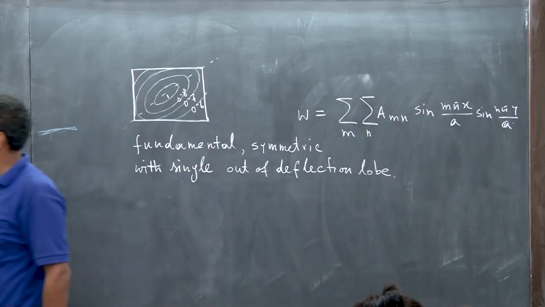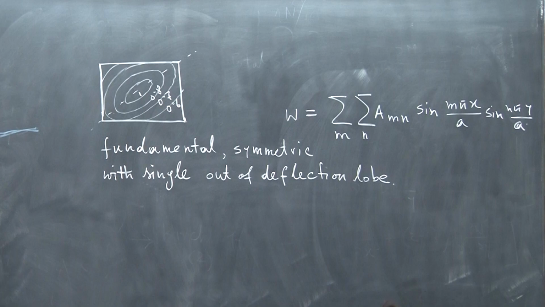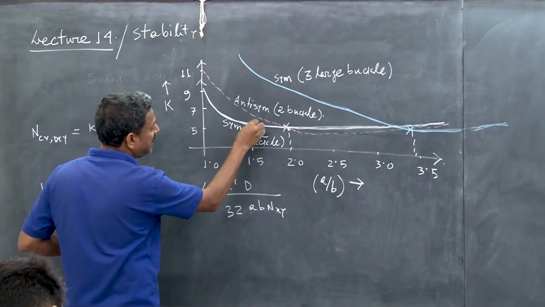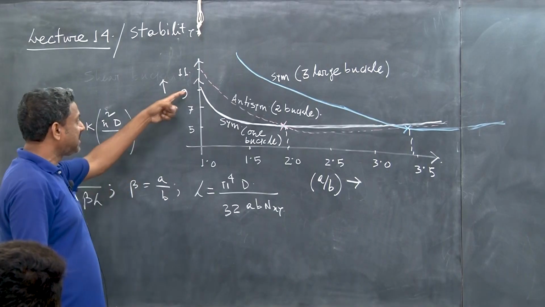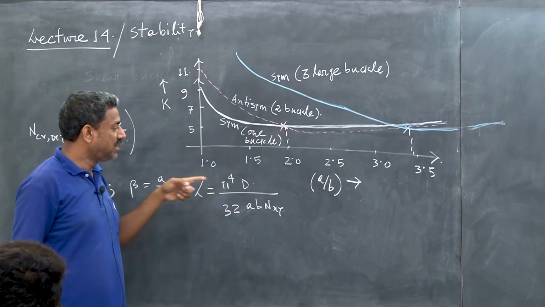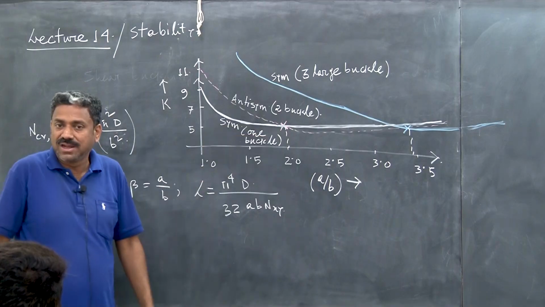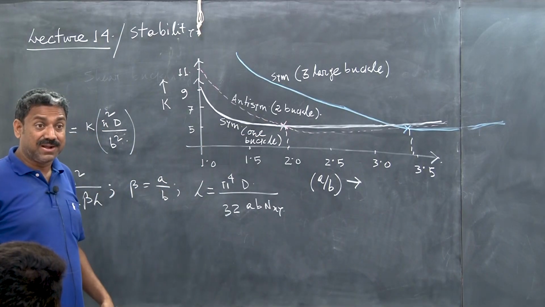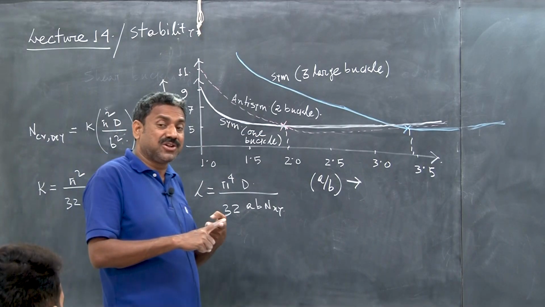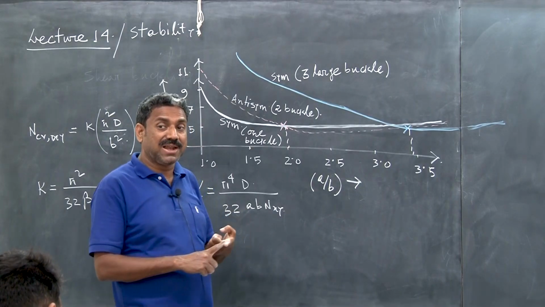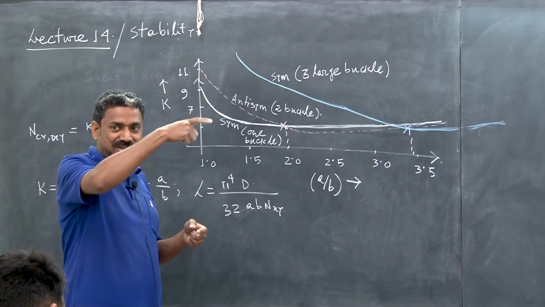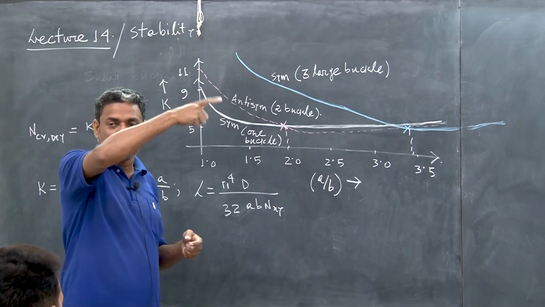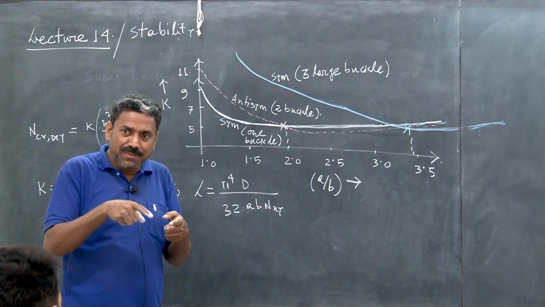And essentially that is what is happening. Now, the fundamental mode will give the lowest load. Of course, K starts from 9 and goes down, reducing with increasing aspect ratio. Here it is a little different. You must understand the difference between uniaxial buckling and shear buckling. In uniaxial buckling it was diminishing, but then it will go up depending on the A by B ratio.